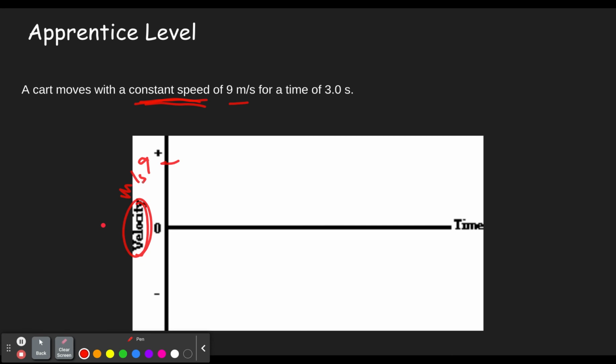You'll see a straight line go across until you get to 3 seconds, and seconds will be with the thing over here, maybe in parentheses. It's going to stay at 9 the whole time for the full 3 seconds. That's it. These little dashed lines just help you see that the end of the line is at 3.